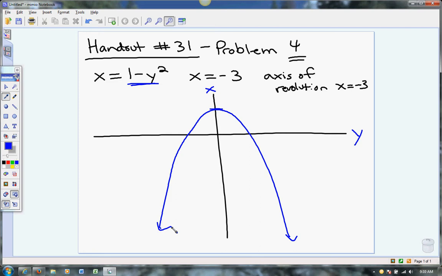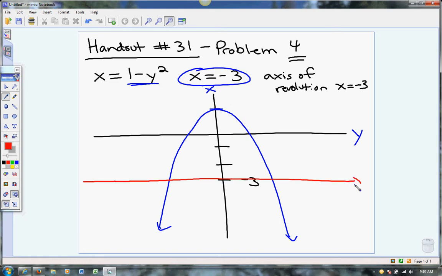And since I've switched my axis, that means that this x equals negative 3, instead of being a vertical line, it's going to be a horizontal line through negative 3. So that boundary is right here. And so there's the line x equals negative 3.